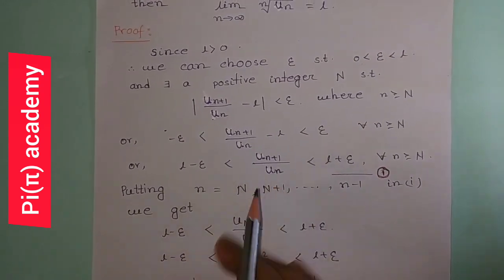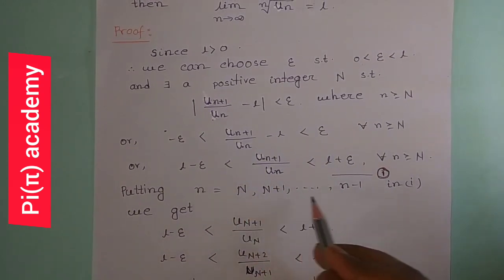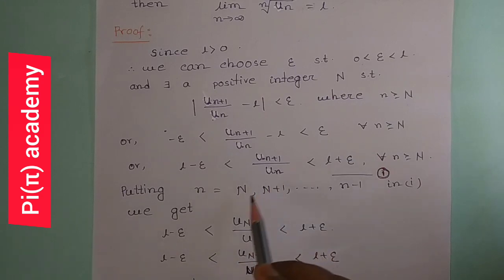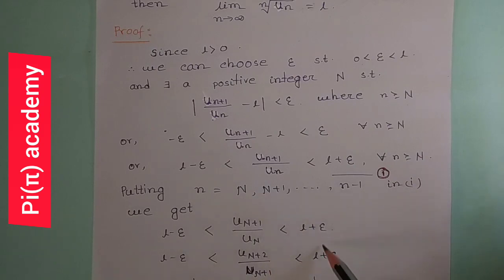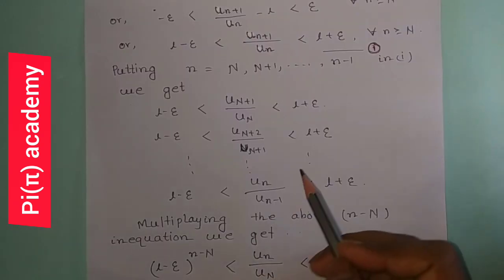Now putting small n equal to capital N, N plus 1, up to small n minus 1 in equation 1, first we put small n equal to capital N, then we get this, and when we put N plus 1, up to n minus 1, then we get this.